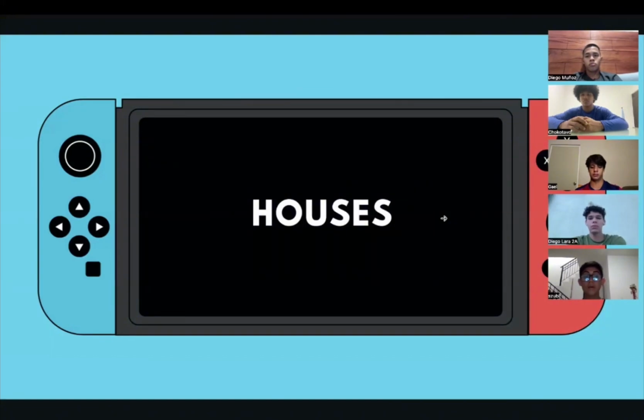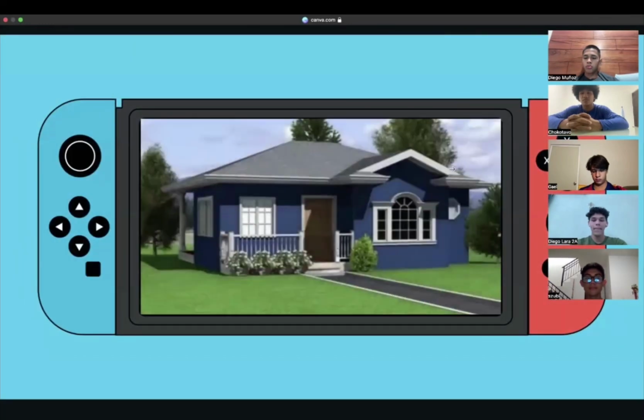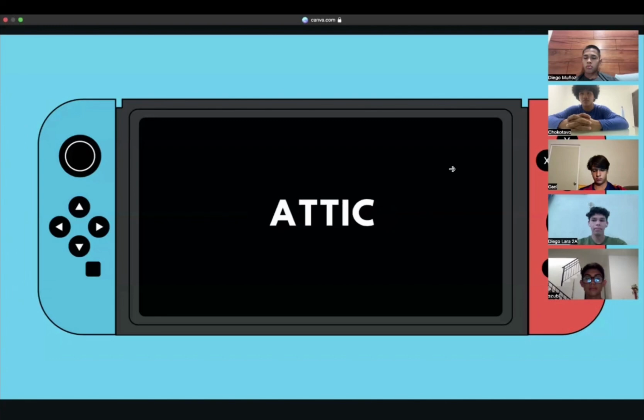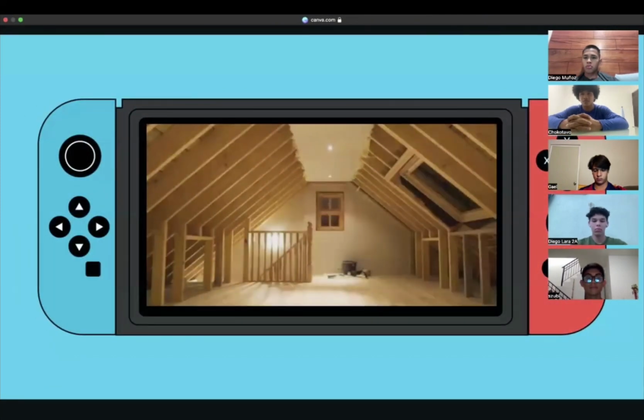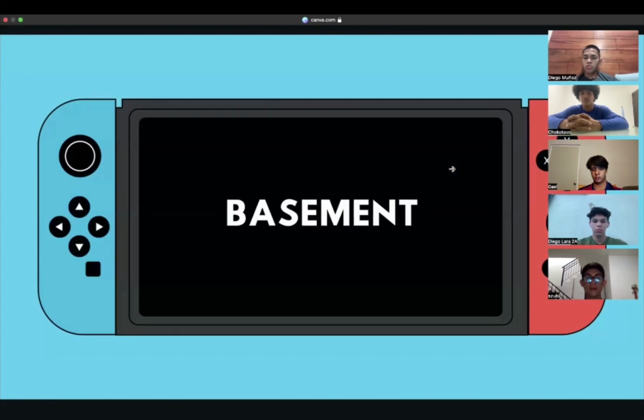Next, we have the houses. Here's the attic. It's the space or room just below the roof of a house. There's the basement.